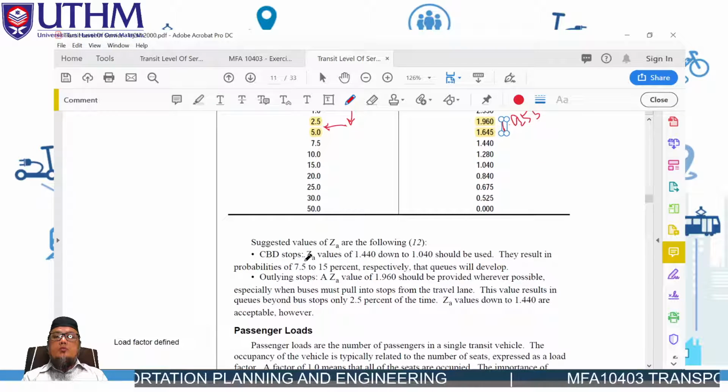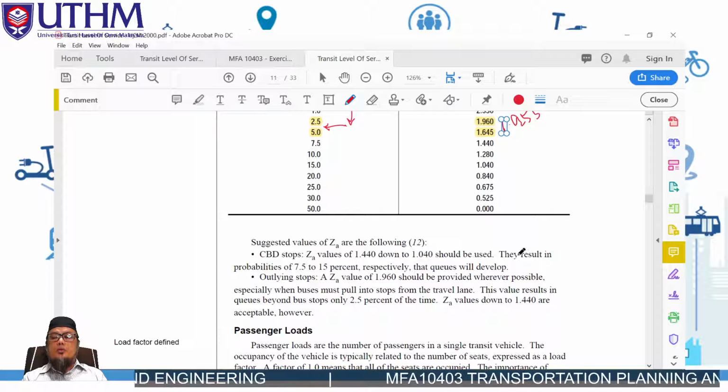If you read these particular suggestions, for the CBD stop, a Z value of 1.44 to 1.04 should be used, which results in 7% to 15% respectively.